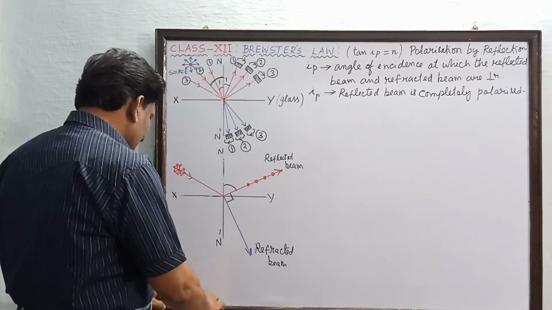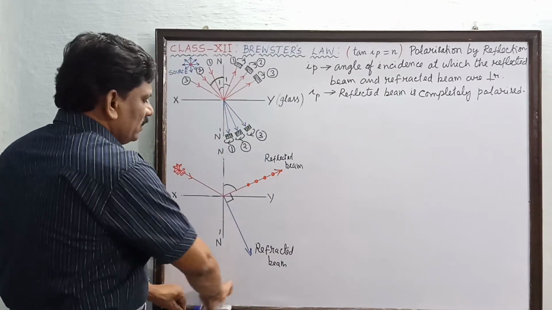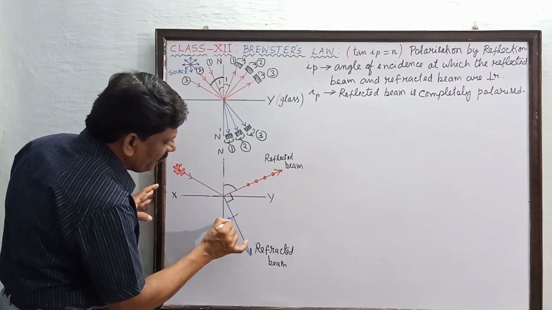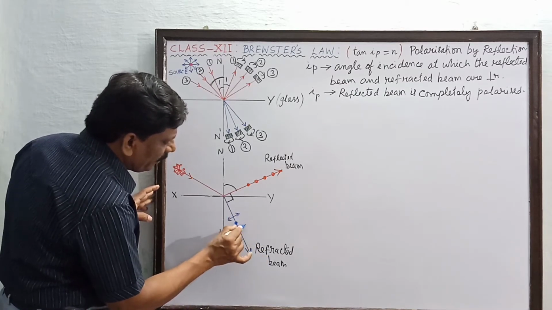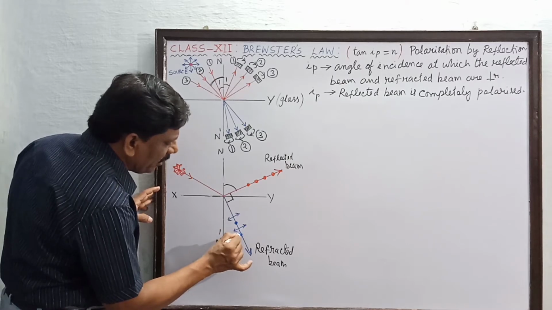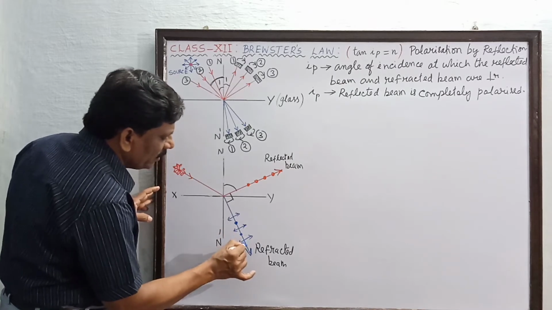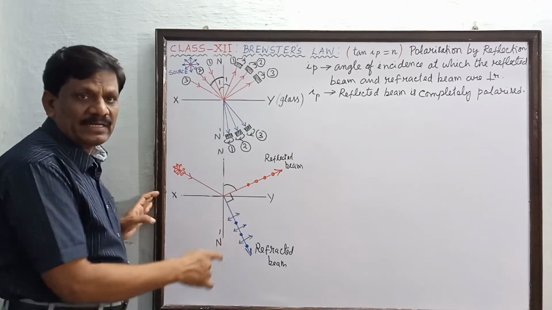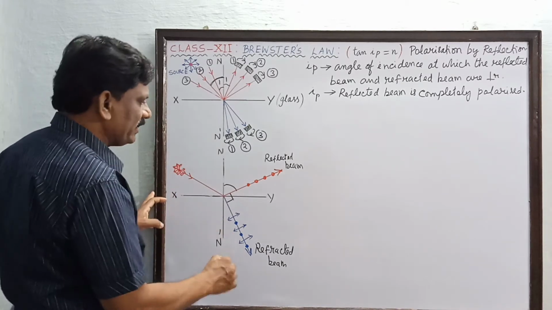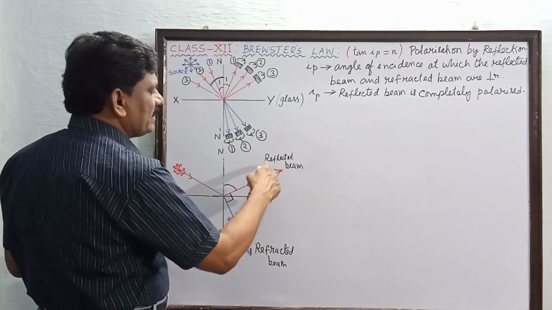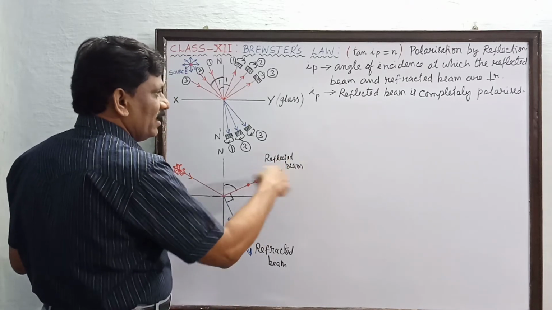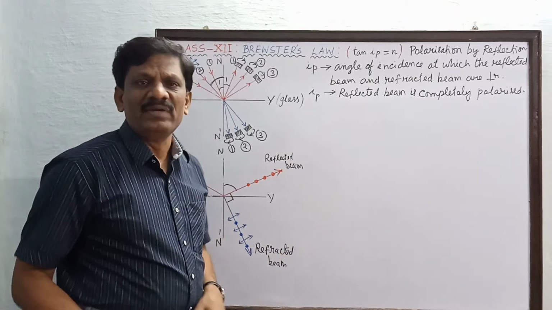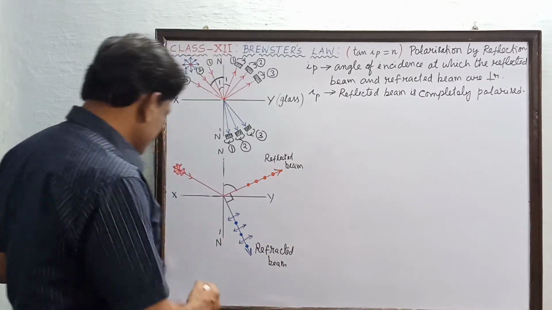And the other ray, namely the refracted beam, consists of both dot components as well as arrowhead components alternatively. So, this type of diagrammatic representation is what? Partially polarized. Understand? So, the reflected beam is 100% polarized, and the refracted beam is partially polarized.